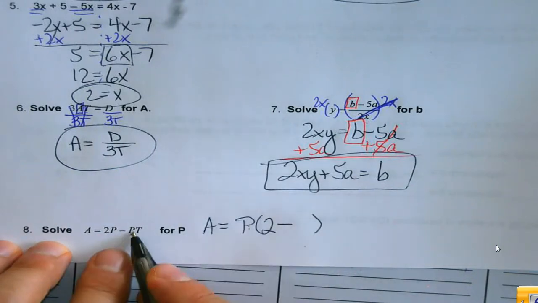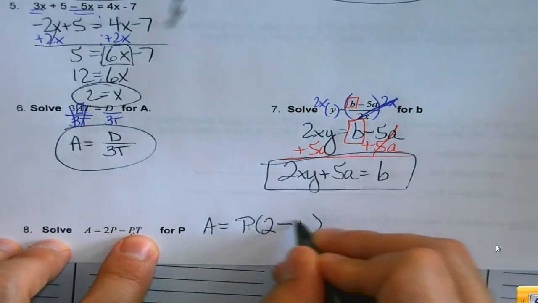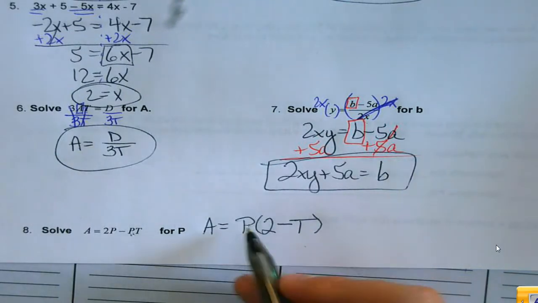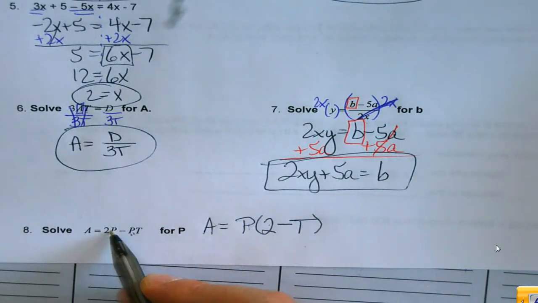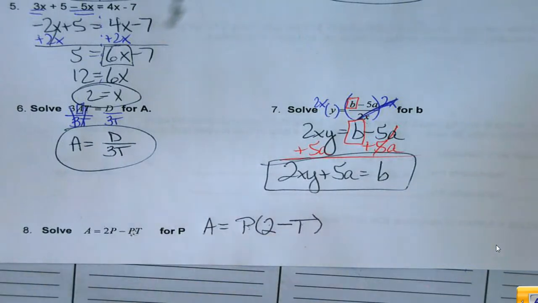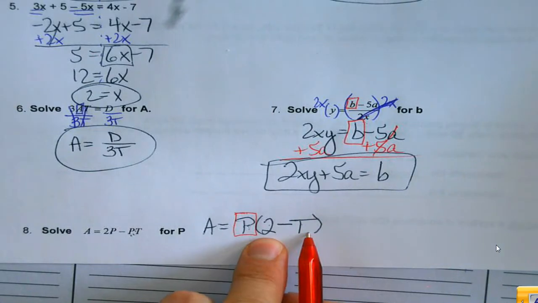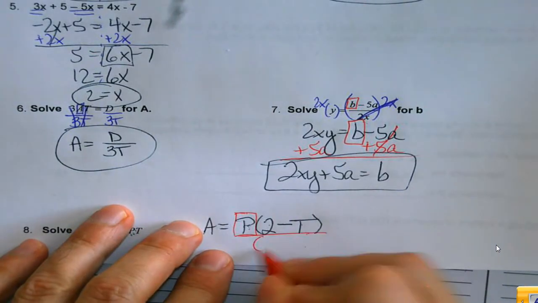And to get from here to here, I've already got the p. I need the t. If I were to go back and distribute now, p times 2 is 2p. P times negative t is negative pt. I should get the same thing back. But for us, the big thing is now that I want to get p by itself, now there's only 1, the parentheses mean I'm multiplying by this stuff, and I've got to do the opposite.